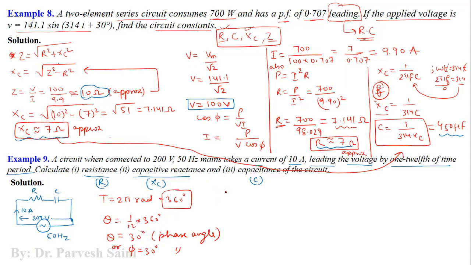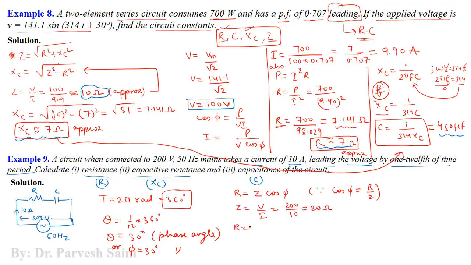Now what we have to find out is the resistance. So how will we find out resistance? Resistance can be obtained by using the concept of Z cos phi, because we know that cos phi is equal to R by Z, right? So Z, we know, is equal to V by I. So it is 200 divided by 10, so it is 20 ohm.